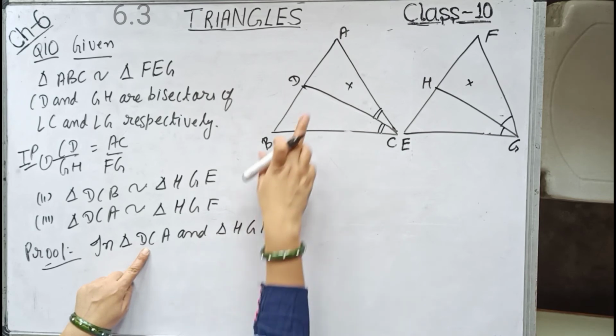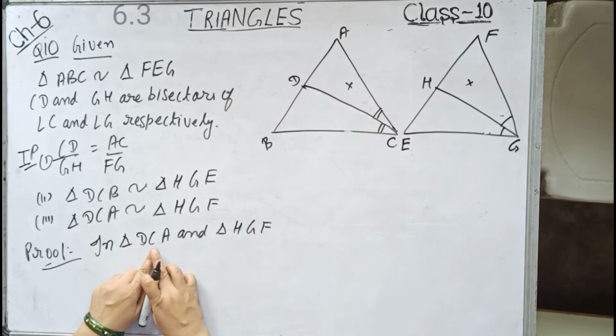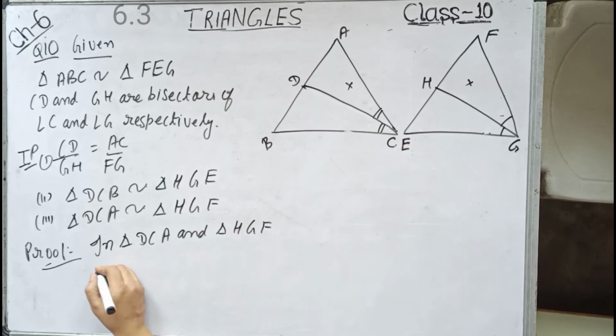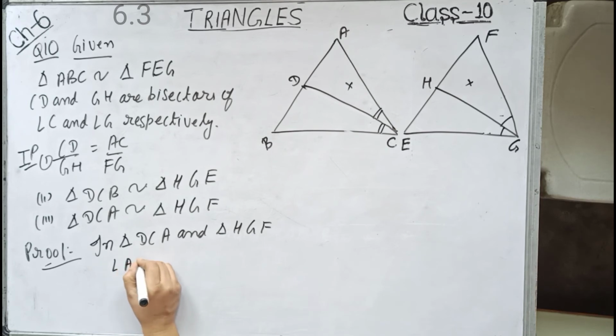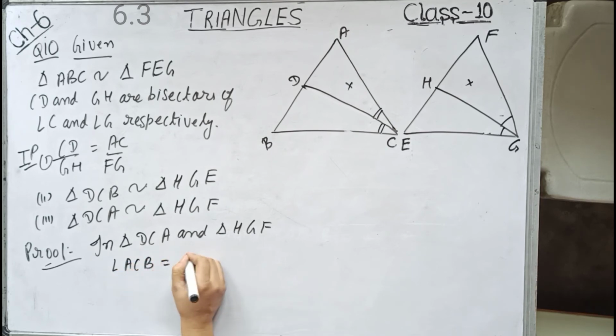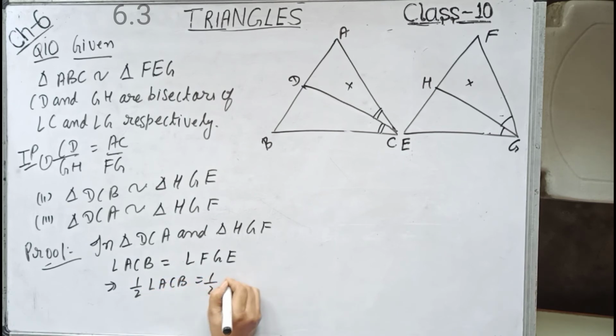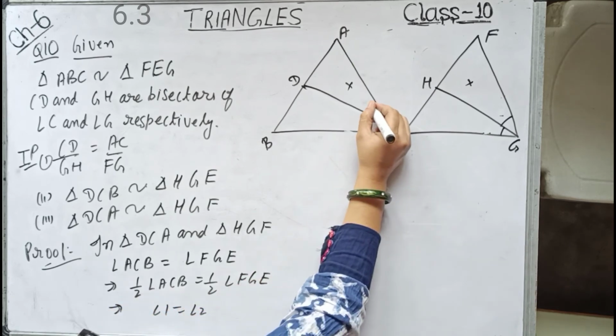D and H, no relation. C and G will be equal. Let us see how. Angle ACB equals angle FGE, implies half of angle ACB equals half of angle FGE, implies angle 1 equals angle 2.